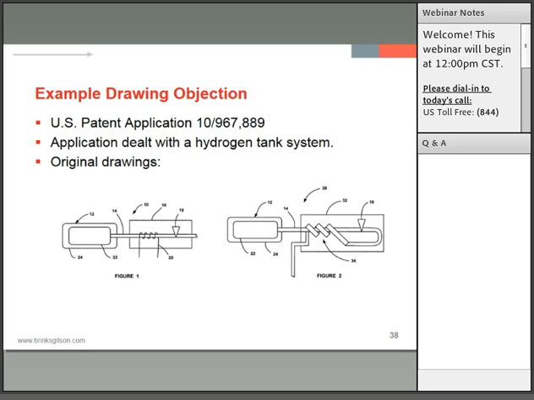So there was a patent application that deals with a hydrogen tank system. And so I have reproduced the drawings as they were filed. On the left side, with reference numeral 12, that's the tank.